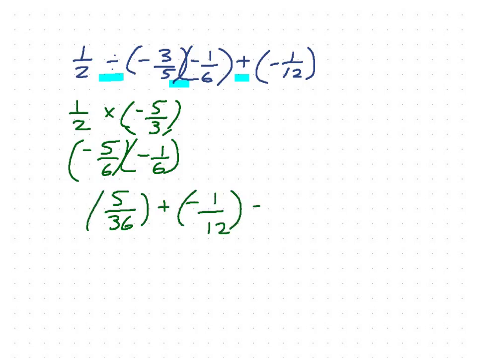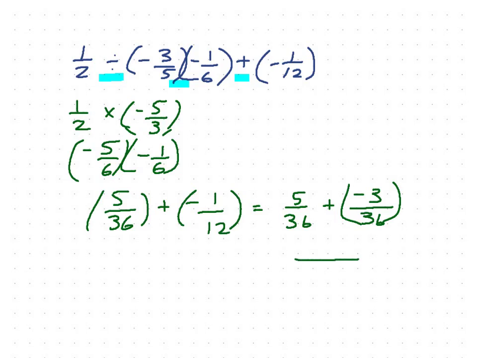Well, we have to find a common denominator. Can't add fractions without a common denominator. So it's going to be 5/36. We can make a plus and a minus. We have to make them both 36s. So 12 times 3 gives you 36. So negative 1 times 3 gives you a negative 3. There's a new fraction.